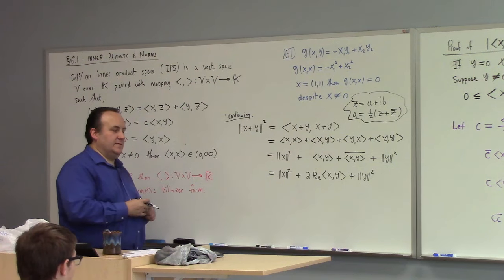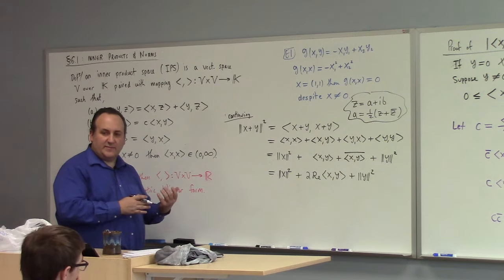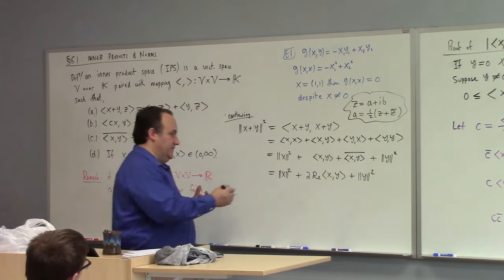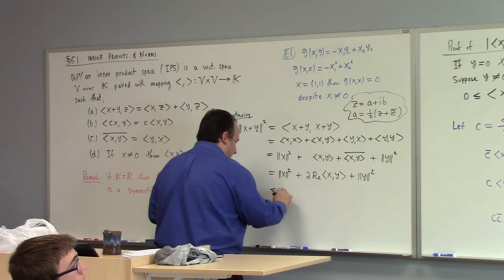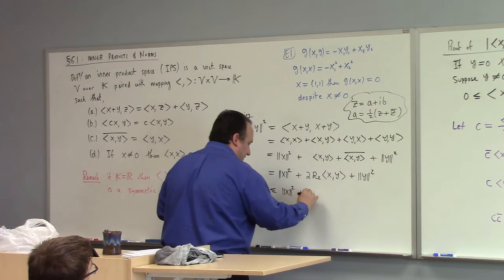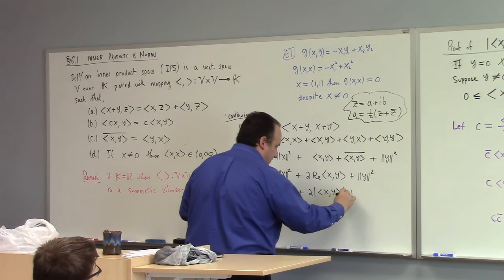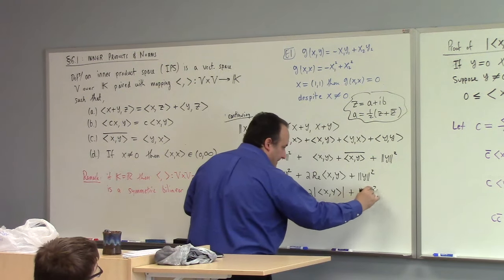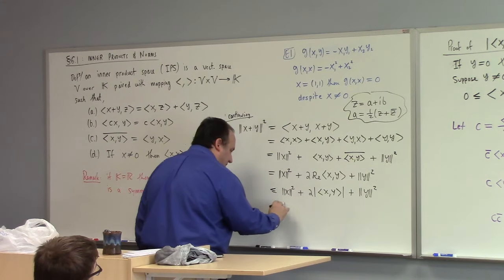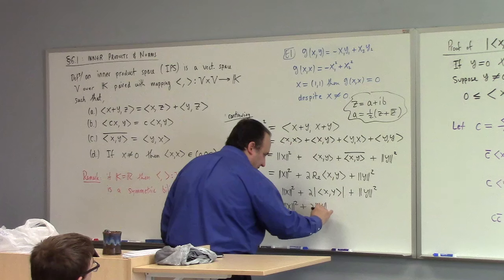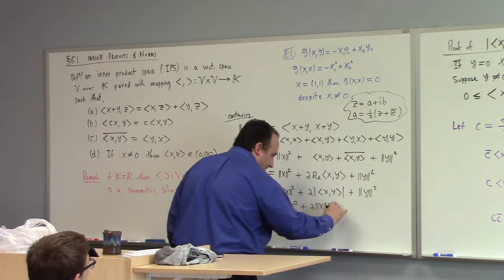But guess what? The real part of any complex number is less than or equal to its modulus. So this is less than or equal to the norm of x squared plus twice the absolute value of xy. Its modulus is a complex number, which then, by the Cauchy-Schwarz inequality, is less than the product of the lengths of x and y times 2.